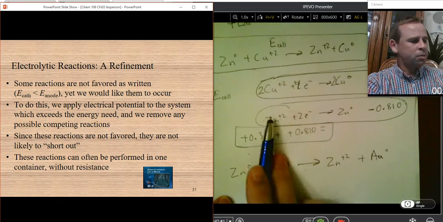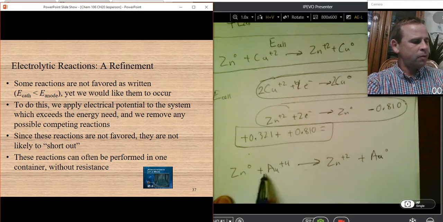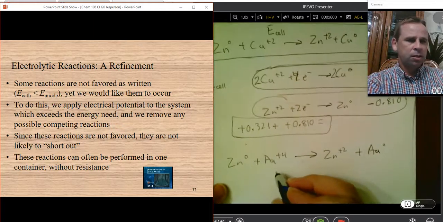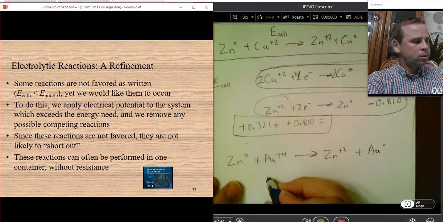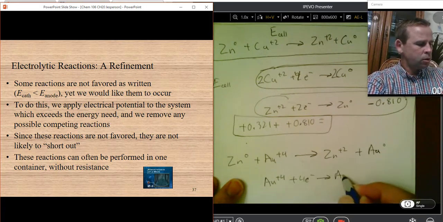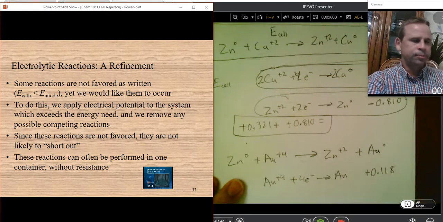Now, I can look at my reduction table here and see that I can still use this value. I don't have any information about the gold, so let me add on to this reduction table a second reductive half reaction. So we're going to say we have Au +4, taking 4 electrons and going to Au, and I could say that this has a value of positive 0.118.